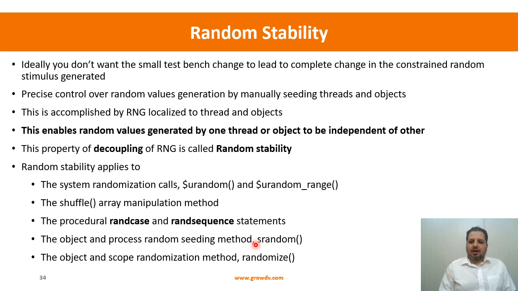But it is rare. It can be done using srandom and get_randstate, set_randstate. Using those calls, you can precisely control how much you want to decouple. So you can do additional decoupling using these system level functions to achieve further random stability.